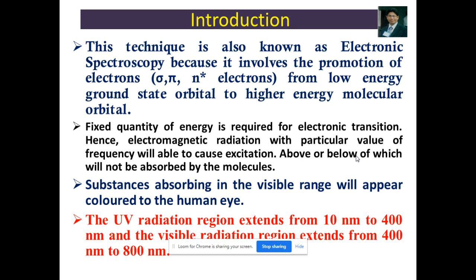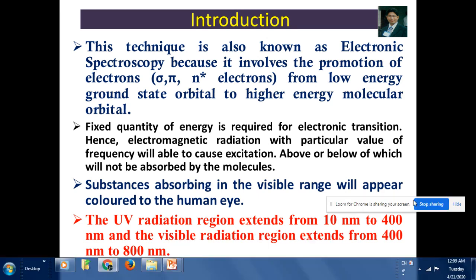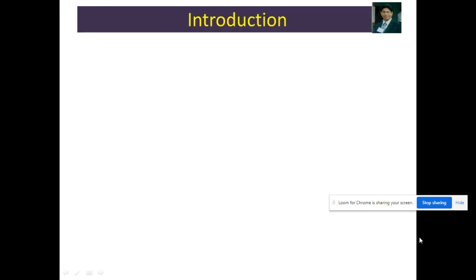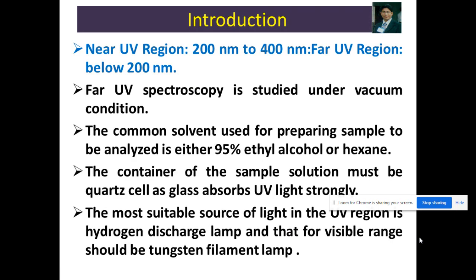The UV radiation region extends from 10 nanometer to 400 nanometer, and the visible radiation region extends from 400 nanometer to 800 nanometer. Near UV region belongs to 200 nanometer to 400 nanometer, and far UV region belongs to below 200 nanometer.